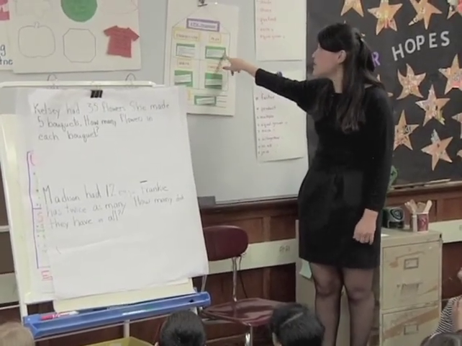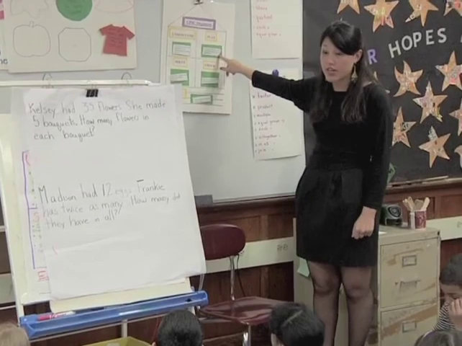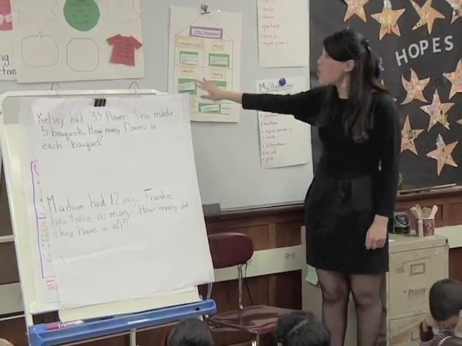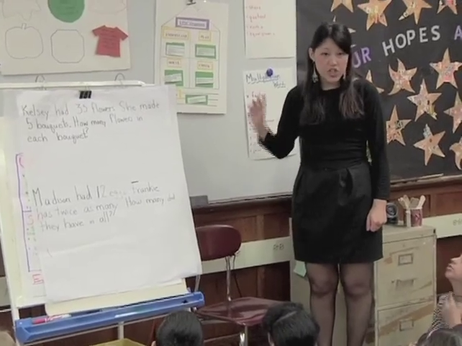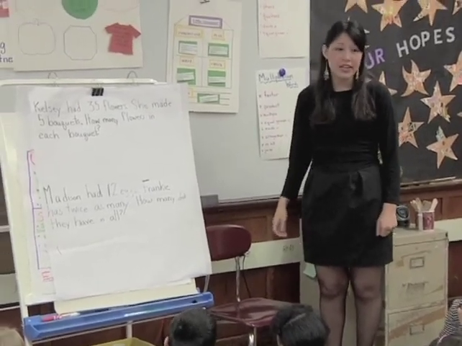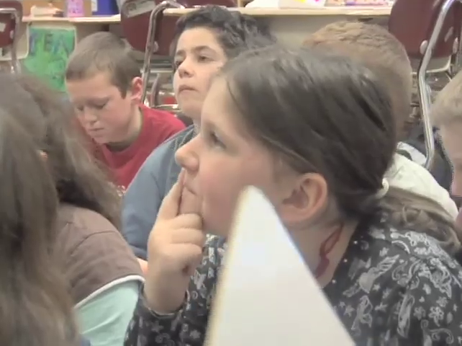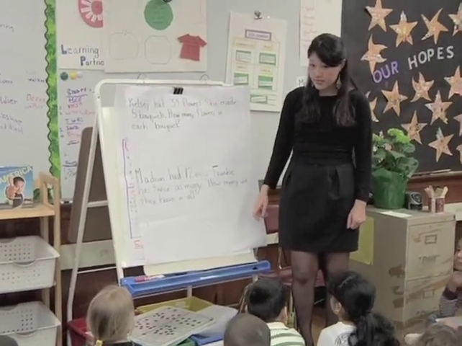I can plan to figure out the correct operation for a word problem. You guys are not going to have to do the other steps. Today we're just going to look at planning the number sentence out so that we can really focus on that tricky part. So, the first thing you need to do is understand.